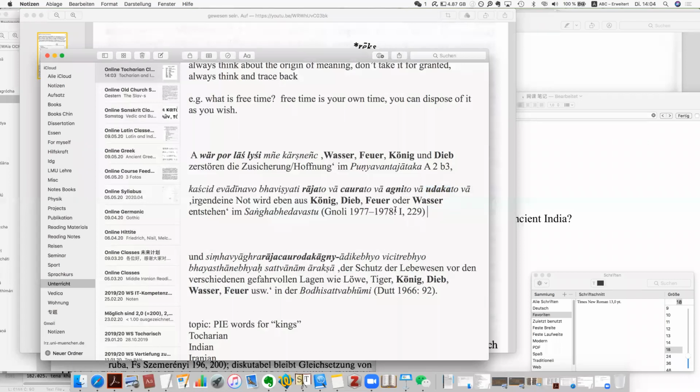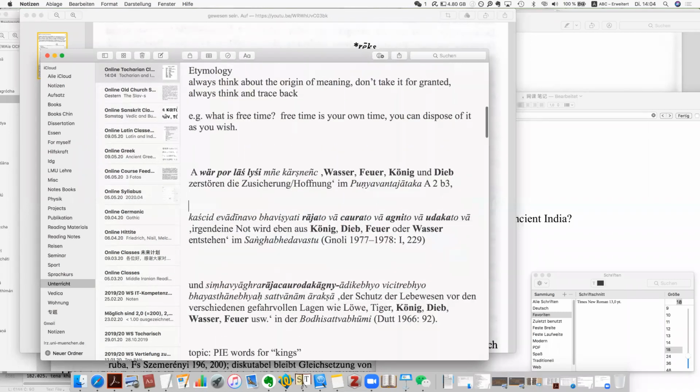So this is actually four different dangers in ancient India. And this was translated into Tocharian: wa is water, por is fire, rash is king, König, and rishi is thief.